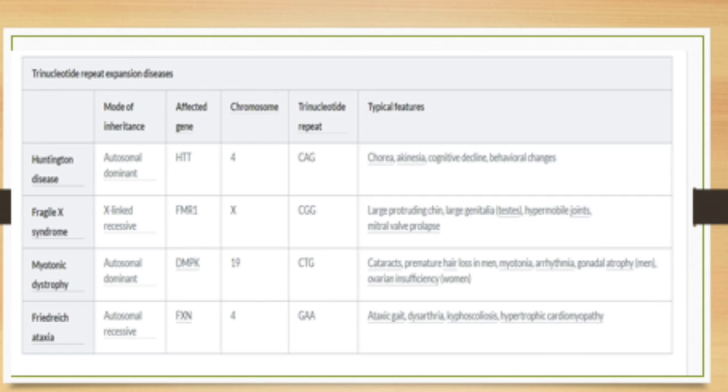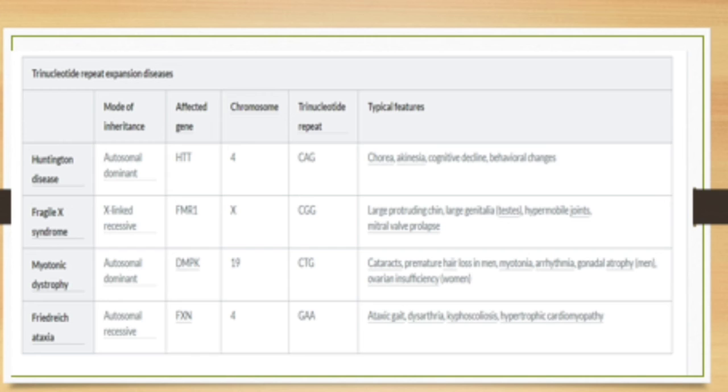And this trinucleotide expansion can lead to different types of diseases, like Huntington's disease, where the triplet repeated continuously is CAG. Huntington's disease is an autosomal dominant disease. And second, we have Fragile X syndrome, which is an X-linked recessive mode of inheritance.